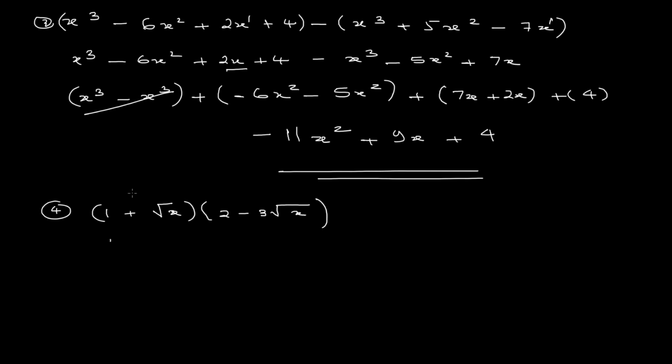So to separate these, we said that we split the first one or the second one, and then you multiply the second factor by each of these. So here I'll say 1, I multiply the second factor, which is 3 root x, like that. Then I take the second, there's a positive sign in front of it, so I'll do that.